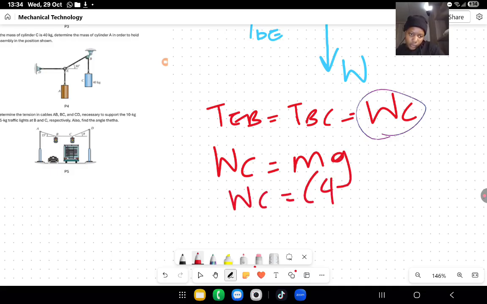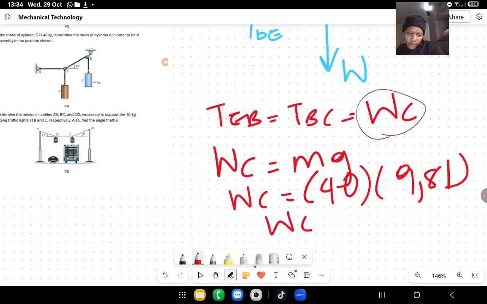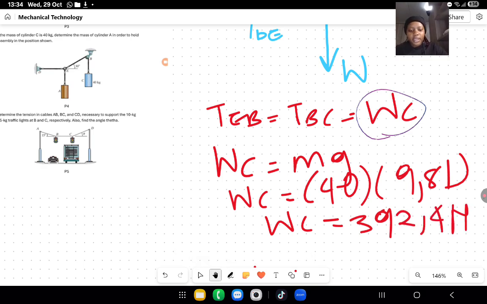Our mass is 40, so WC equals 40 times 9.81, which equals 392.4 newtons.